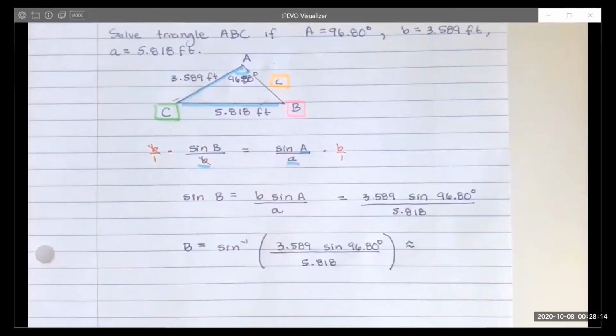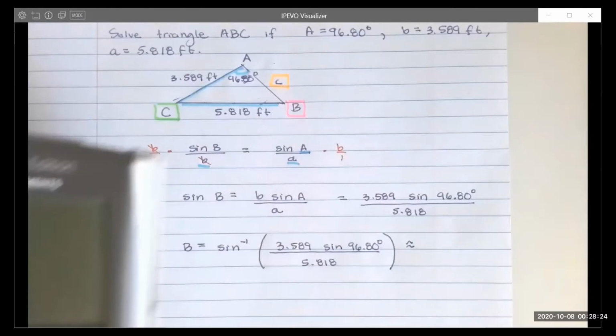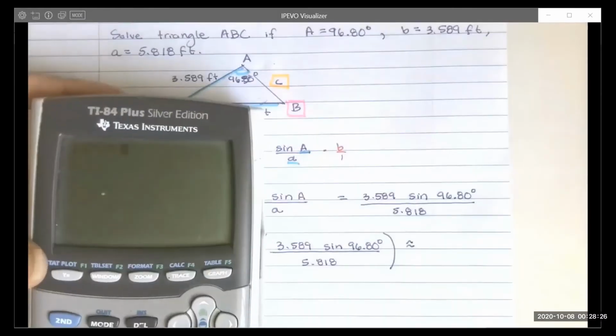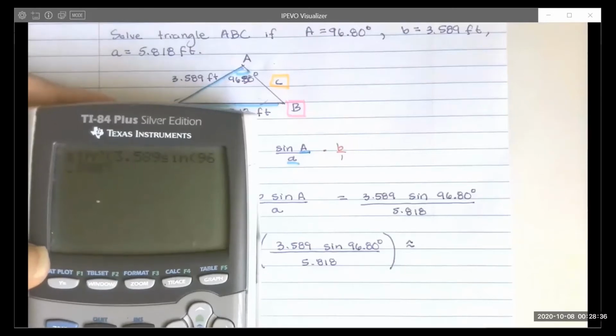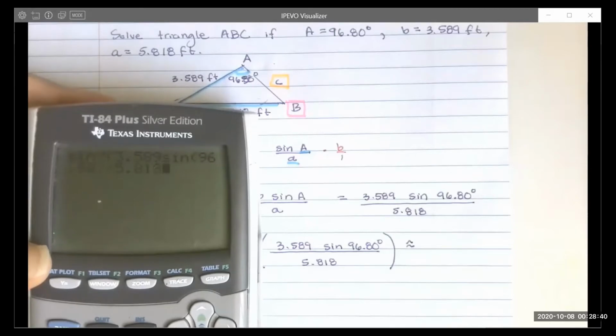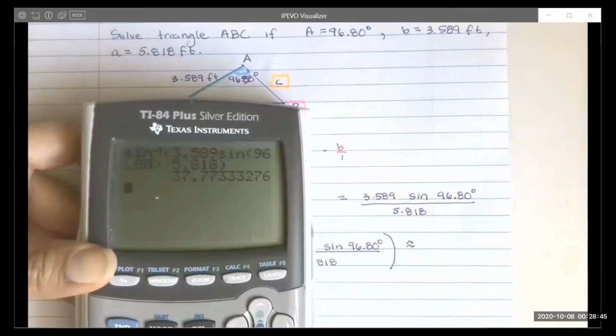And we're going to enter it into our calculator. Make sure that you're working in degree mode. Okay, so I have sine inverse of 3.589 times sine of 96.80 divided by 5.818, and we get approximately 37.77 degrees.